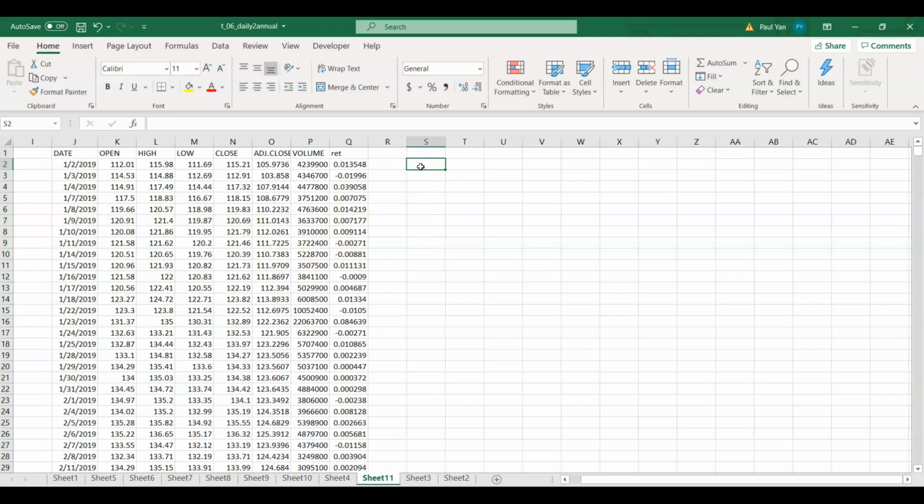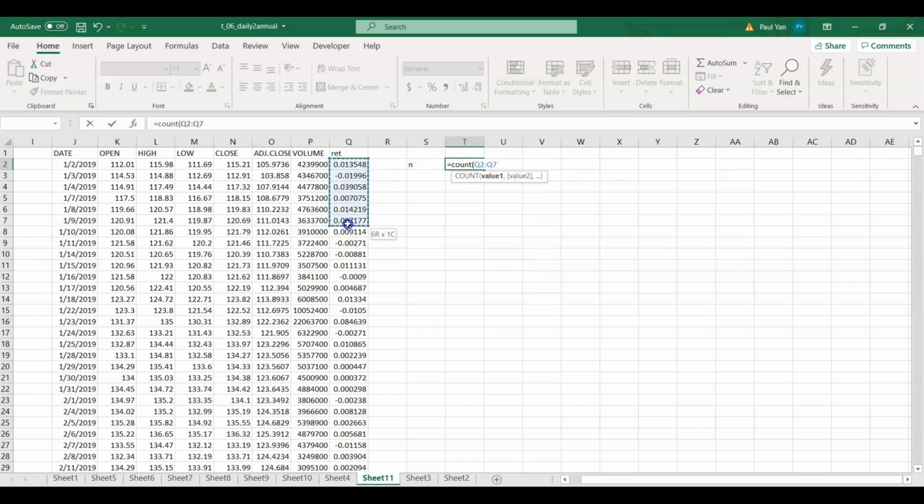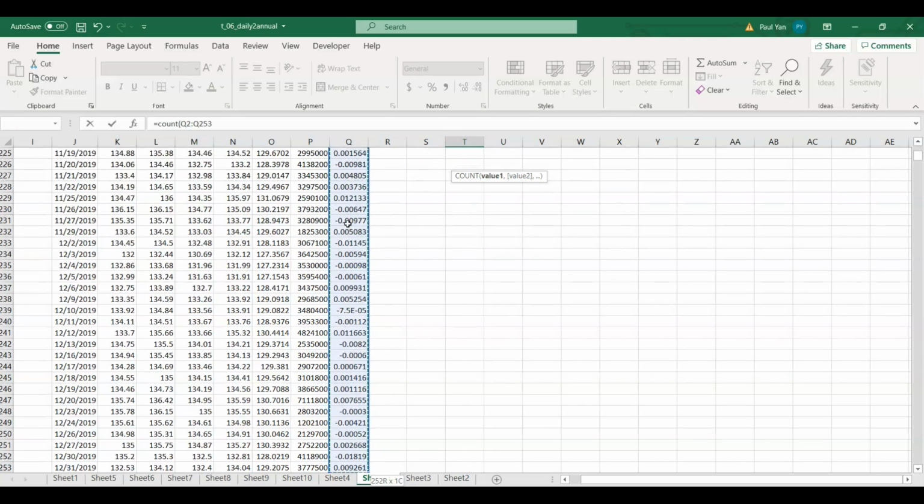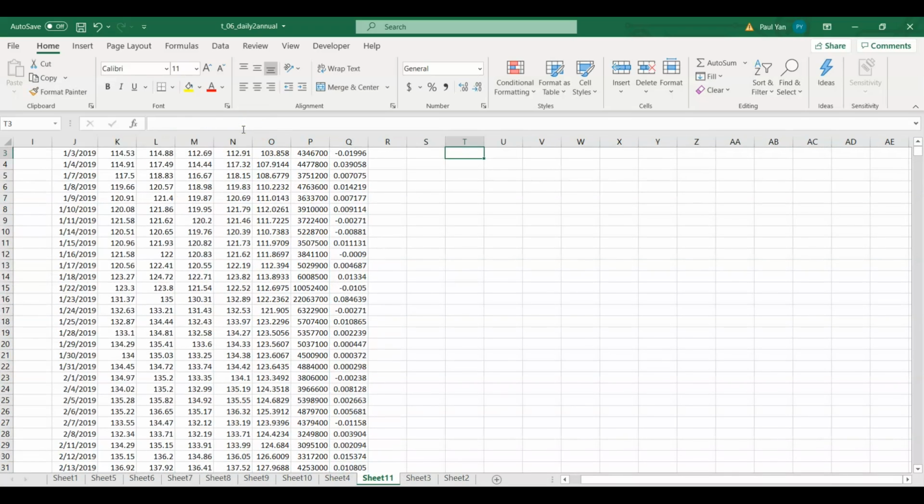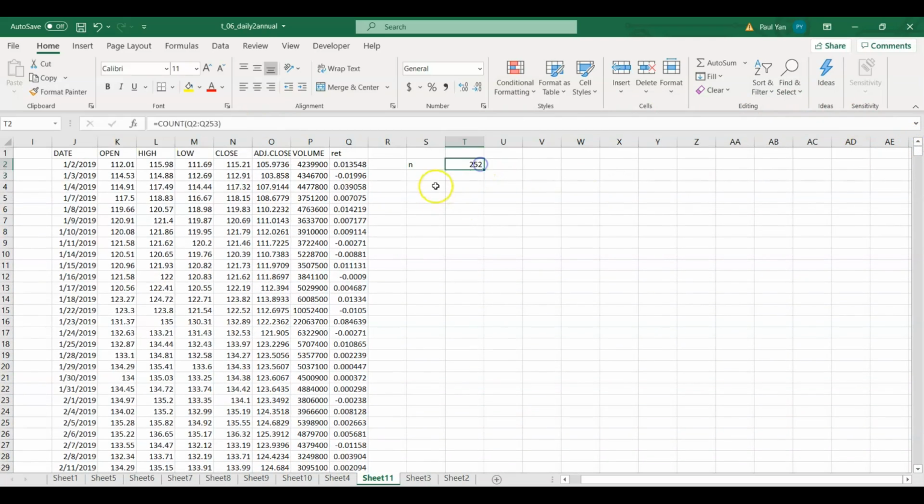Usually the first thing I calculate is how many returns there are. It should be roughly around 225. Okay, it's 222, and also we know alpha is 5%, the significance level, and the total is 252.